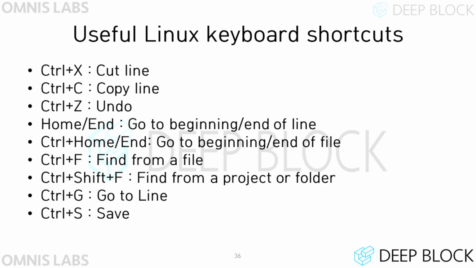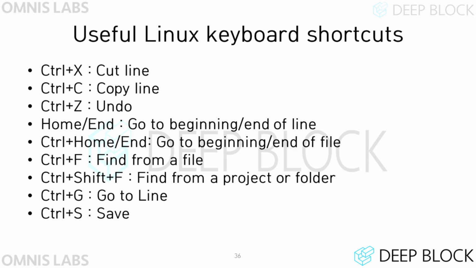Home moves the current cursor position to the beginning of the line. The End key moves the current cursor position to the end of the line. Ctrl-Home moves the current cursor position to the top of the file. Ctrl-End moves the current cursor position to the end of the file.